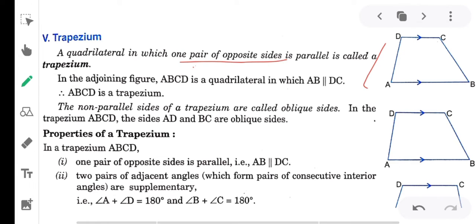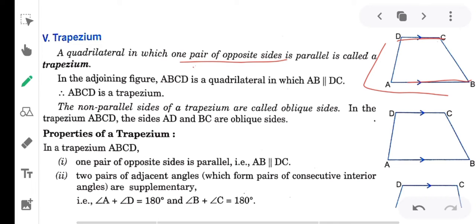Next, trapezium. A quadrilateral in which one pair of opposite sides are parallel. As you can see in the picture, one pair of opposite sides AB and CD are parallel.